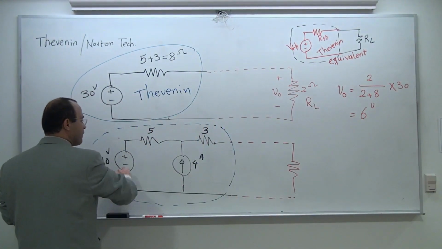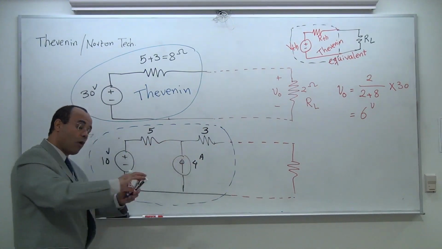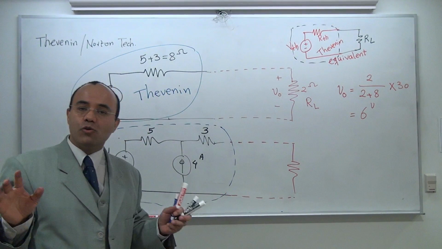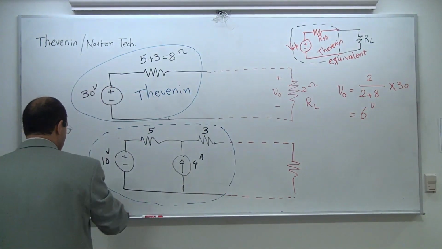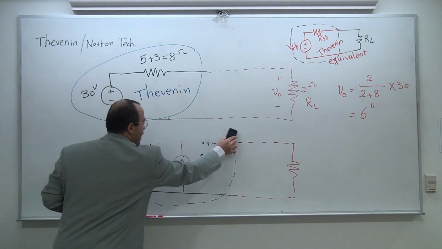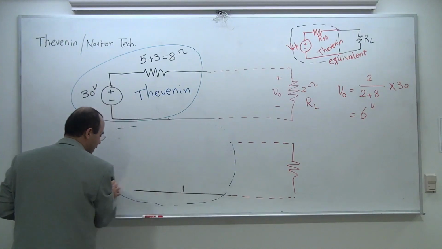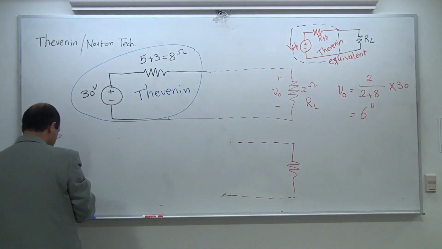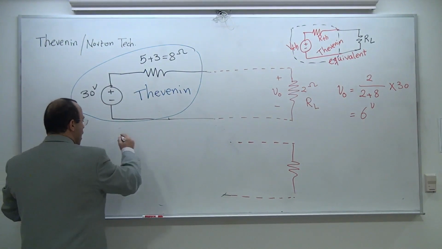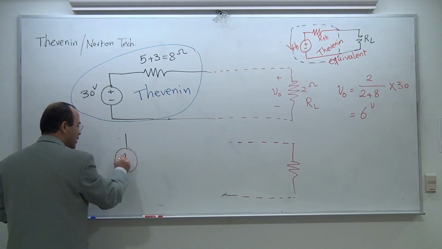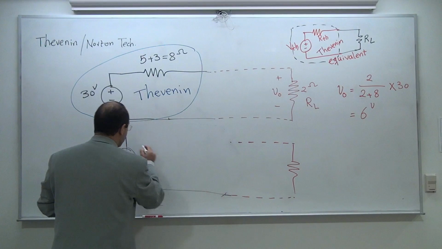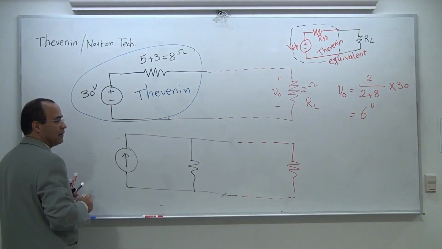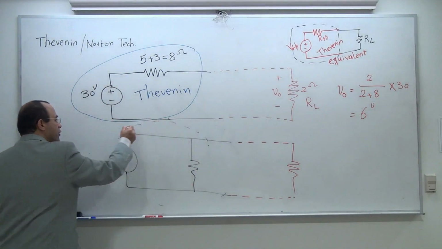Similarly, if you have done source transformation or whatever technique that we are going to talk about in a moment, and you say, instead of a voltage source and a resistor in series, I'm going to replace this with a current source and a resistor in parallel, you gave me Norton.